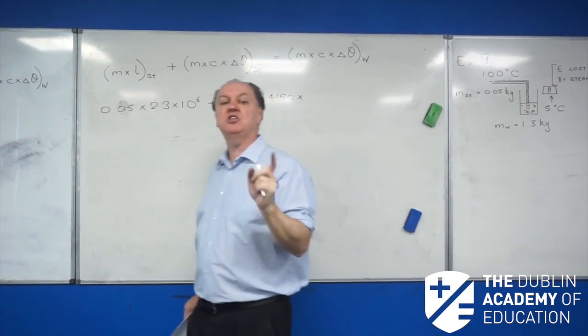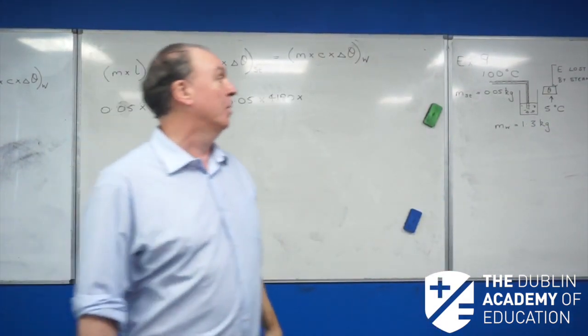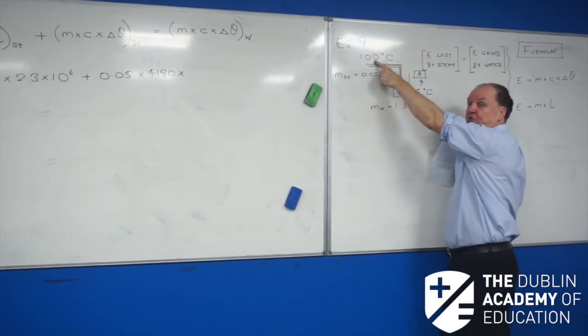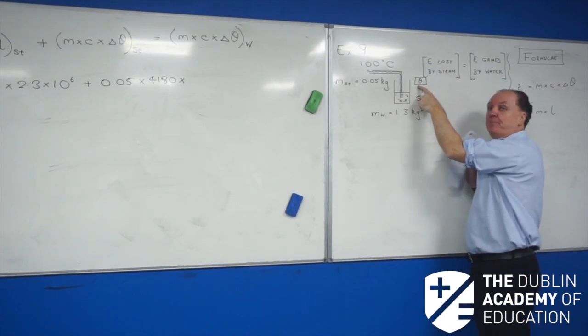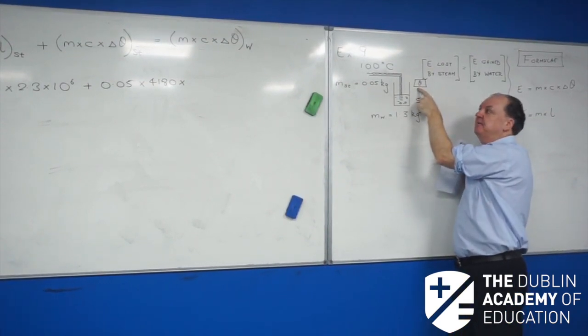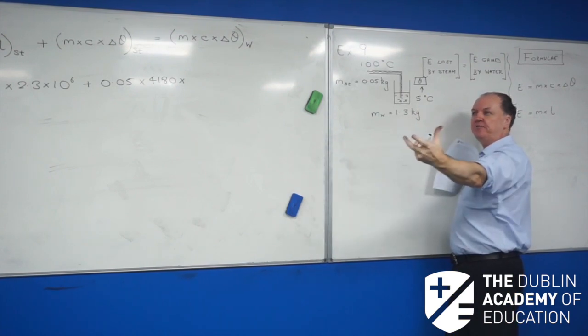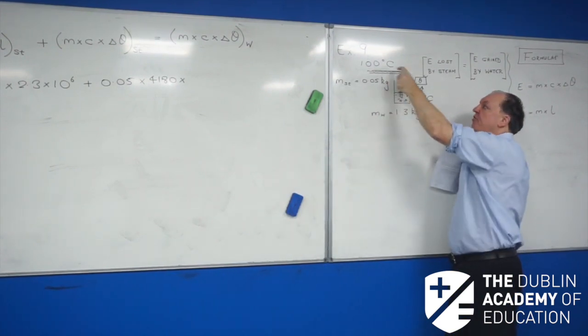And the change in temperature of the steam. Well, ask yourself, what's the starting temperature? 100 degrees Celsius. What's the final temperature? Theta. And you know theta is somewhere between 5 and 100. So to keep it positive, take them away. It's 100 minus theta.